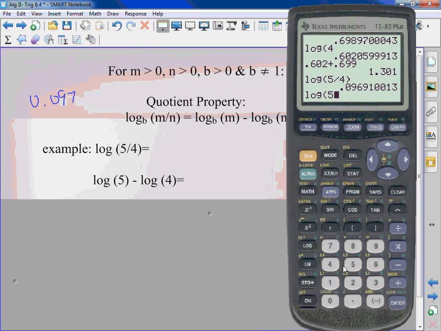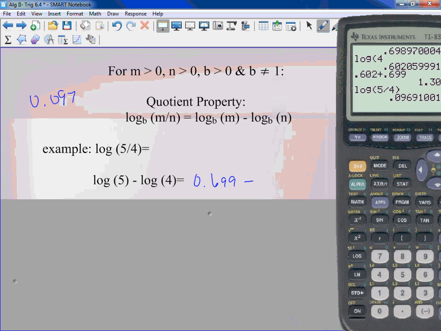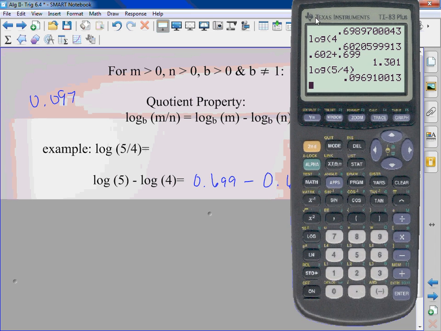Log 5, we know is 0.699. Log of 4 we know is 0.602. When I subtract, I'm just going to go second enter, change the plus.